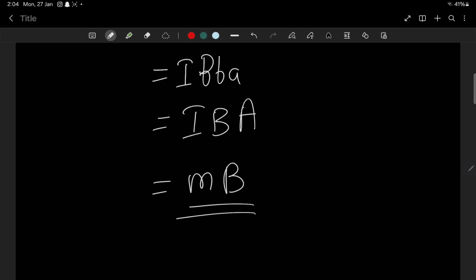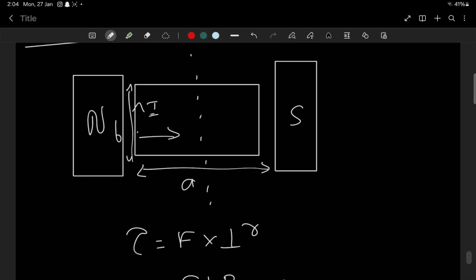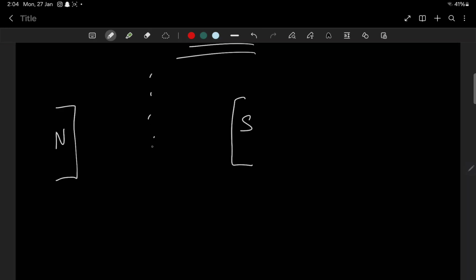The thing is that here we kept the loop straight. If we tilt it, so there is an angle between the axis and the magnetic field and the square loop, what happens?